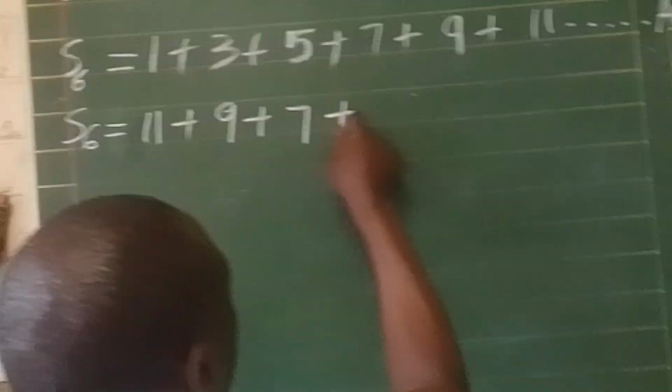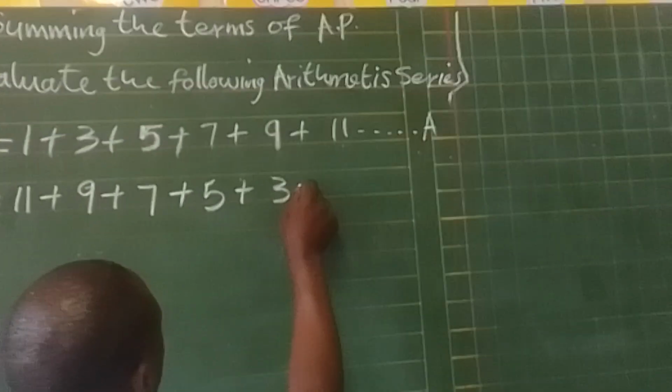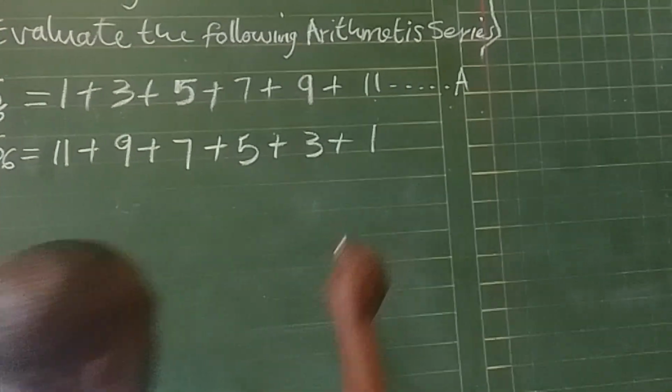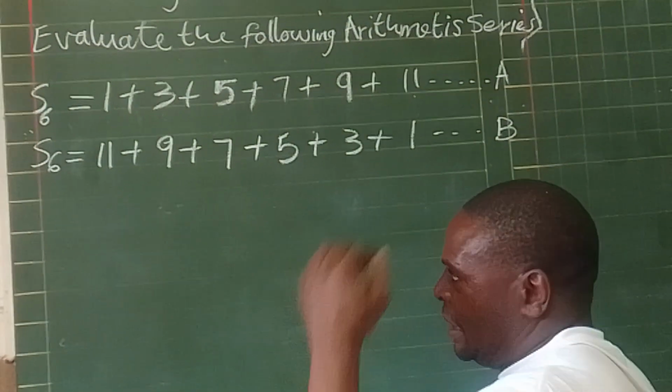The last term was 11, the second last is 9, third from last is 7, then followed by 5, followed by 3, and end with 1. This one we call equation B.